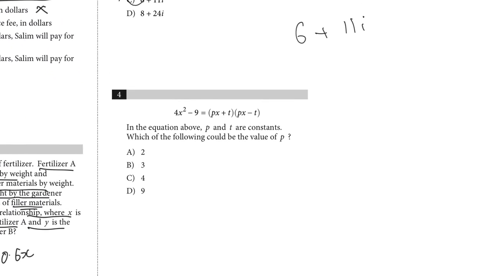In the equation above, P and T are constants. Which of the following could be the value of P? Alright, so (a plus b)(a minus b) is equal to a square minus b square. We're finding the value of p, so 4x square is equal to px square.